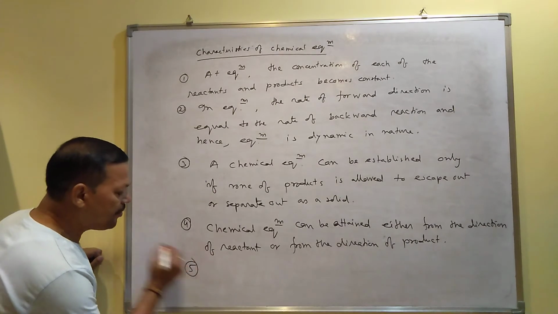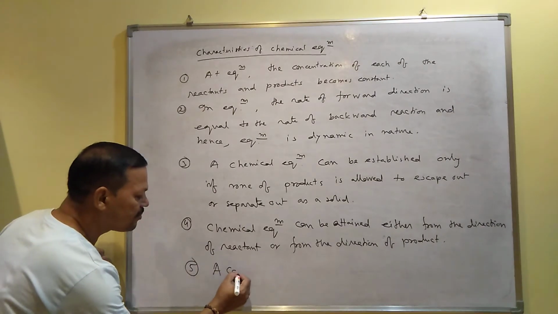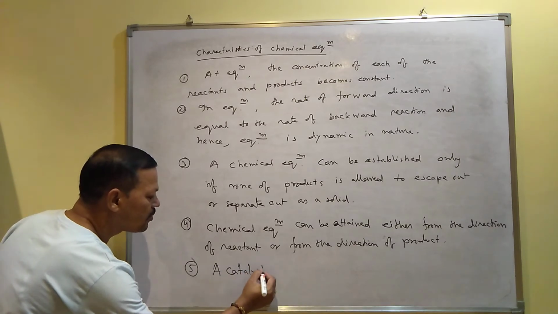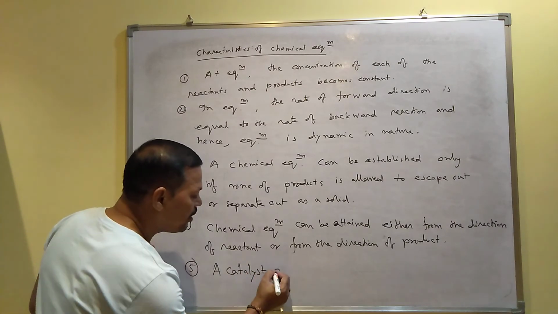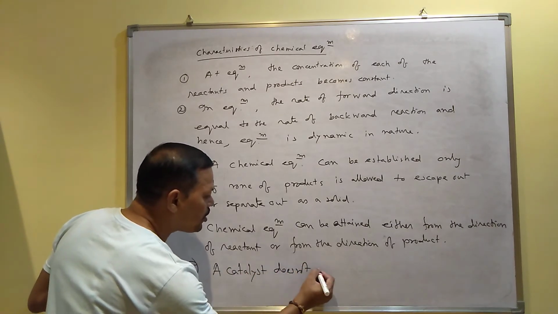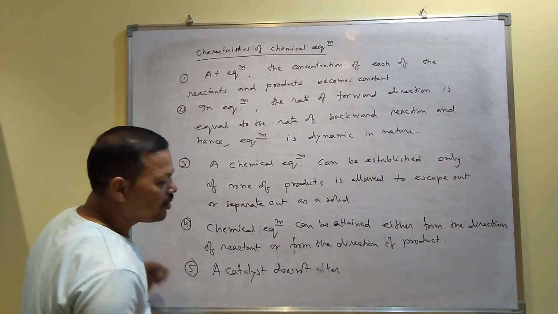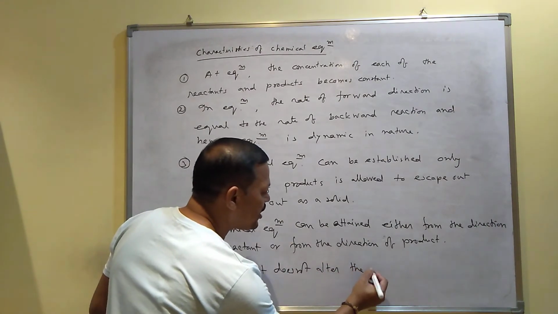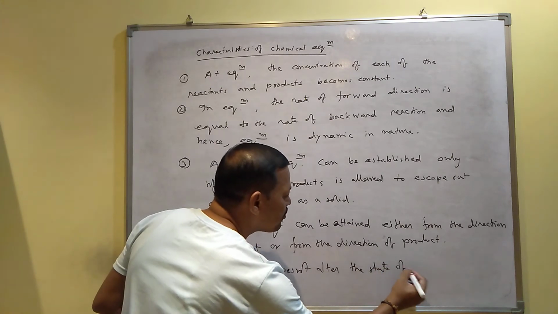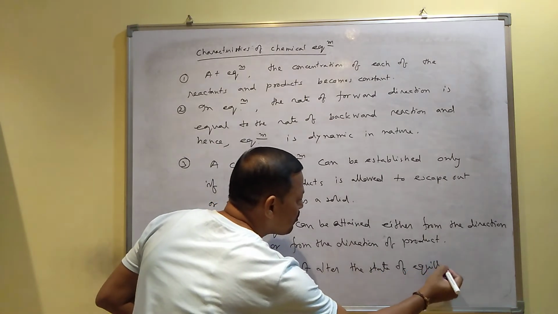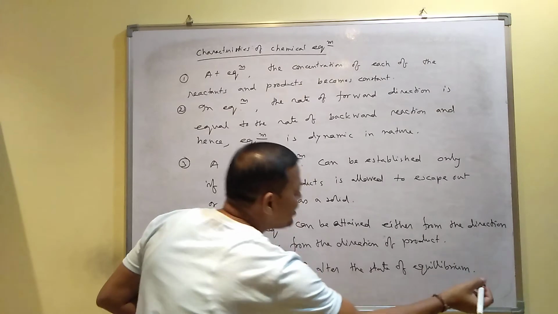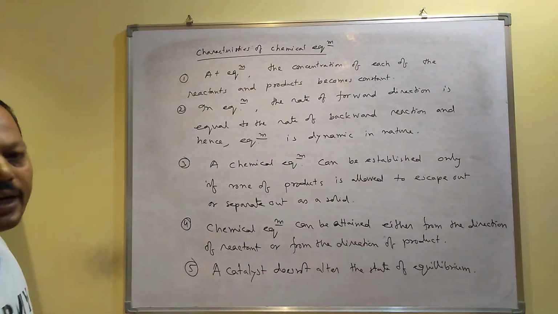And number 5, a catalyst does not alter the state of equilibrium. These are the characteristics of chemical equilibrium.